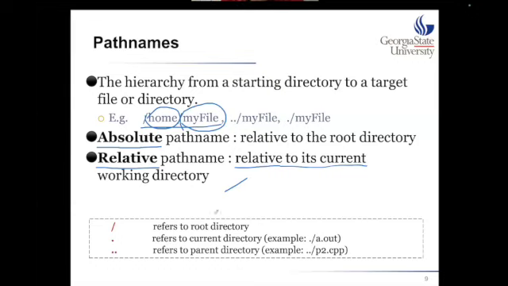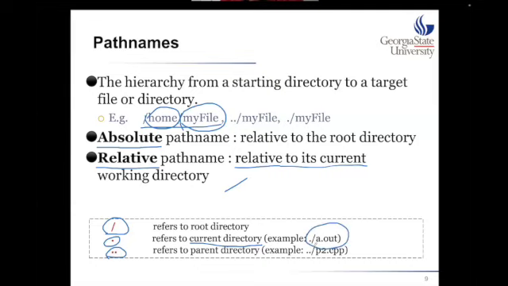So always this symbol refers to the root directory, and when we type only a dot, it refers to the current directory. Please note, it refers to the current directory. And double dot refers to the parent directory. So what does this path mean?